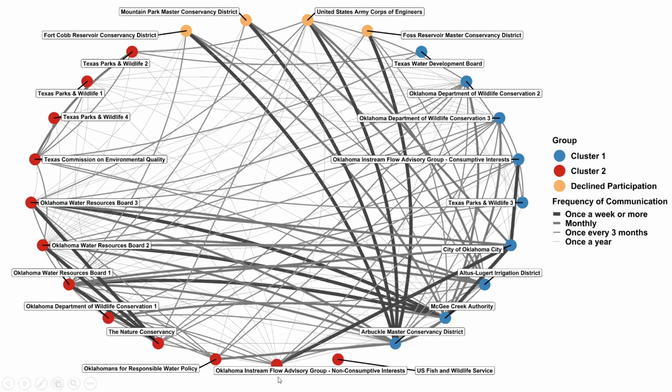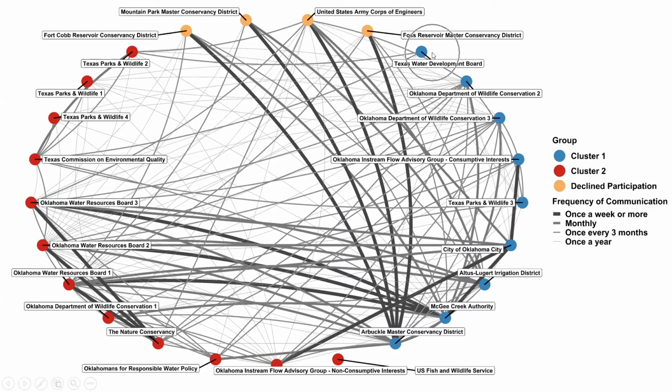Also noteworthy is that the Oklahoma In-Stream Flows Advisory Group is that organization that's thinking about maybe implementing some regulations. They communicate with a lot of the agencies here at least once a year, which is good. I think they actually have an annual meeting, so that would make sense that they communicate with those folks there. In terms of interstate communication, we have Texas Parks and Wildlife and Texas Commission on Environmental Quality.